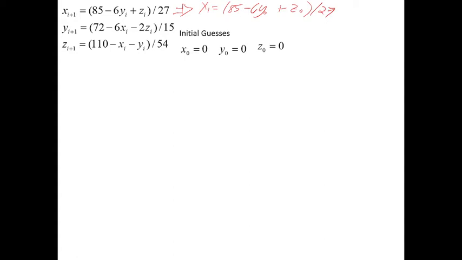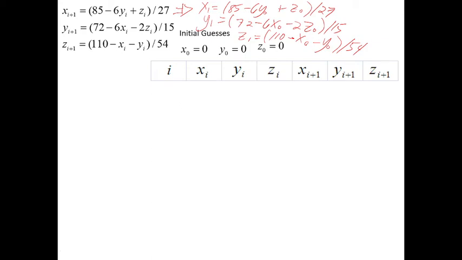Likewise, for y sub 1, 72 minus 6x sub 0 minus 2z sub 0 over 15. Next, we have z sub 1, 110 minus x sub 0 minus y sub 0 over 54.